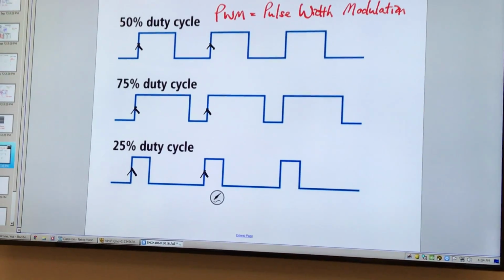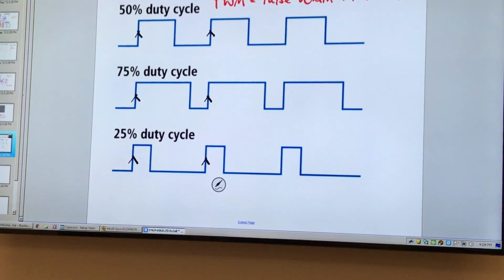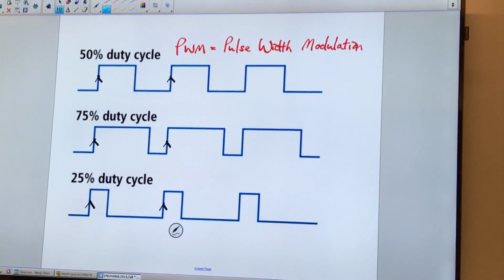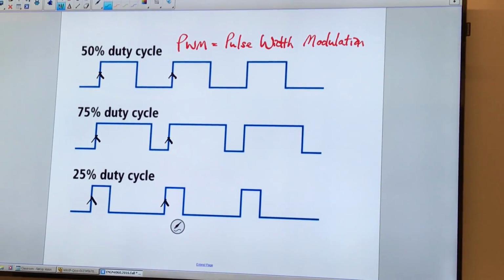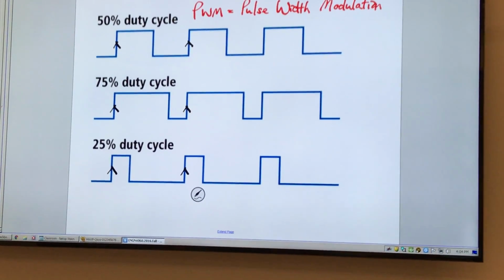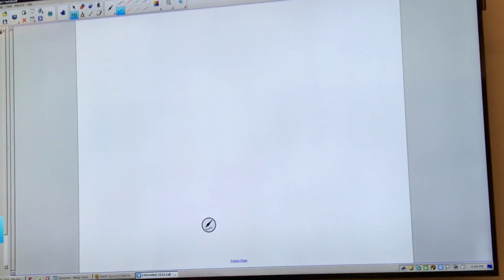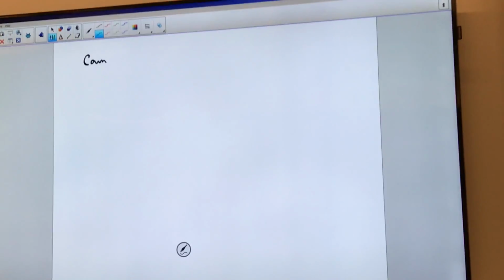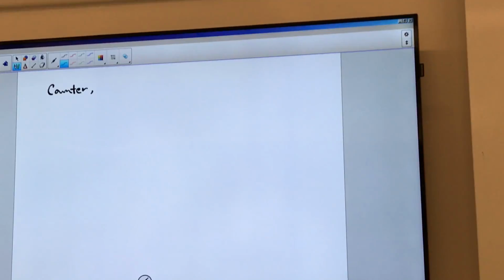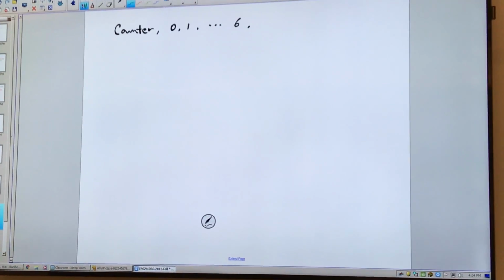So before we start working on the real Quartus system, we're going to look at how we do this in Quartus Prime. What's the concept behind it? Okay. So that means we need to create revision number 1. Let's start with the simple concept, the counter. Suppose the counter counts from 0, 1, up to 6, 7.